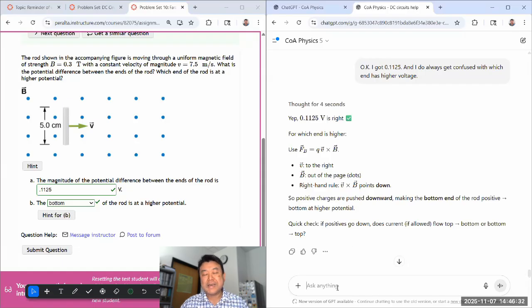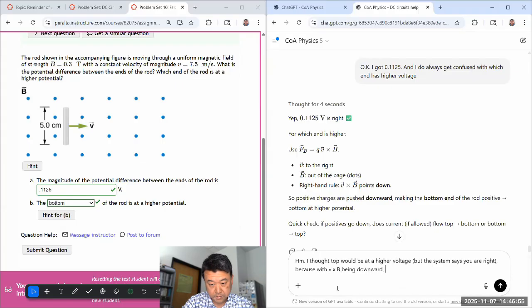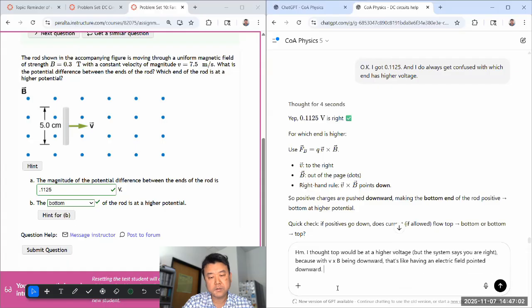So let me express my confusion to ChatGPT and see if it'll teach me how to avoid this mistake. I thought top would be at a higher voltage, but the system says you are right, because V cross B being downward is like having an electric field pointed downward.